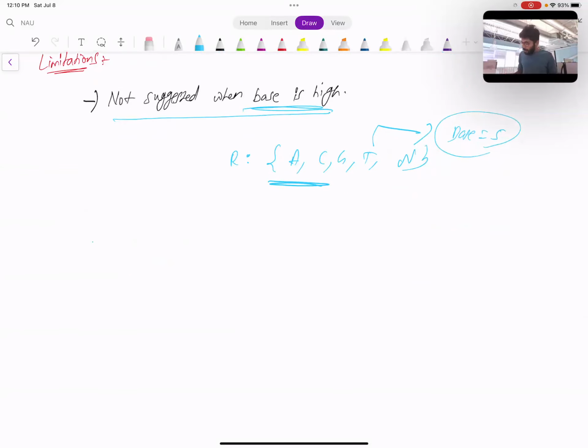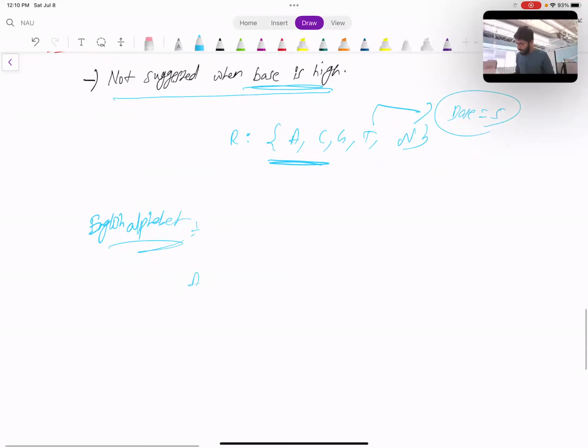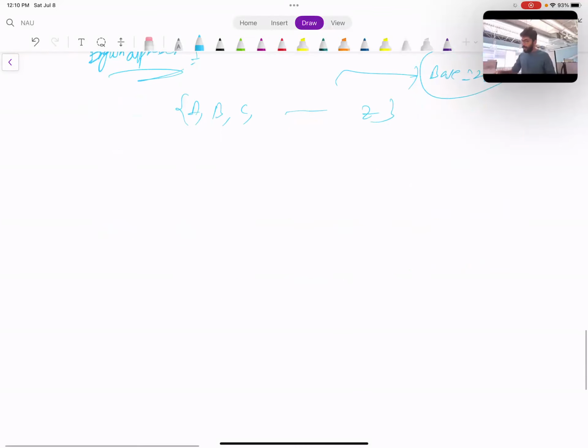When can you assume that you have more characters? When you take the English alphabet, how many letters do we have? 26. It starts from A, B, C till Z. So the base here is 26, correct? Now, if you want to use the same radix notation for the English alphabet, what would it be?